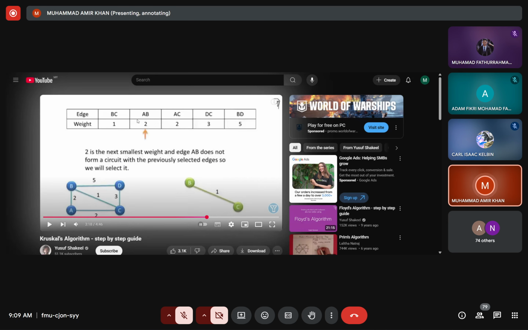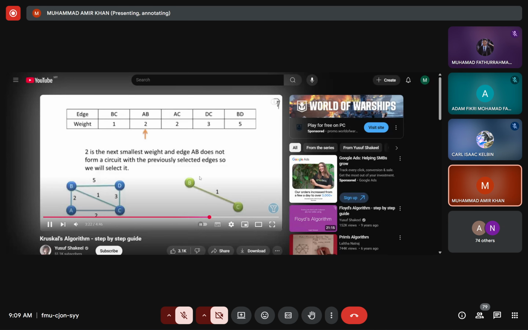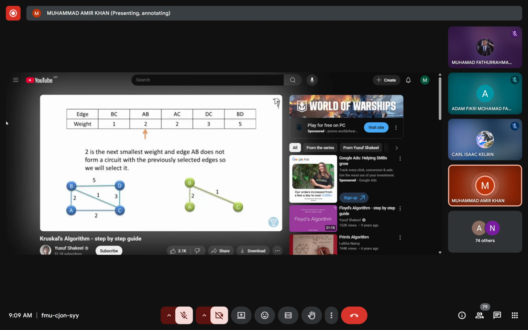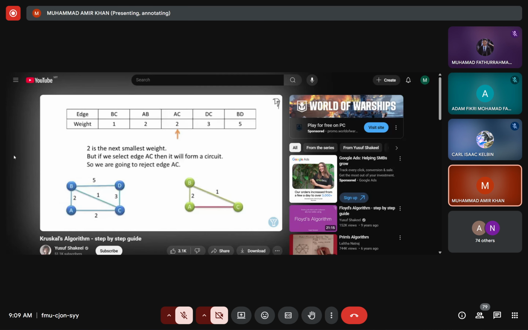So now we have AB. Very simple. Then AC, definitely it will cause a circuit, because again it is a loop. We don't want a loop, so we reject this AC.